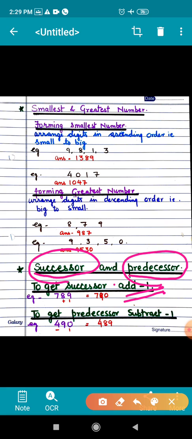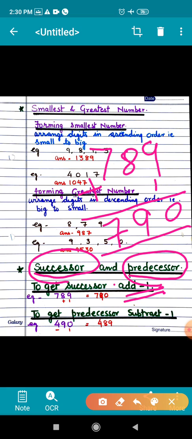For example, we have to find the successor of 789. We add 1 to 789 and the next number we get is the successor of 789. So what number have we got? 790. So the successor of 789 is 790.